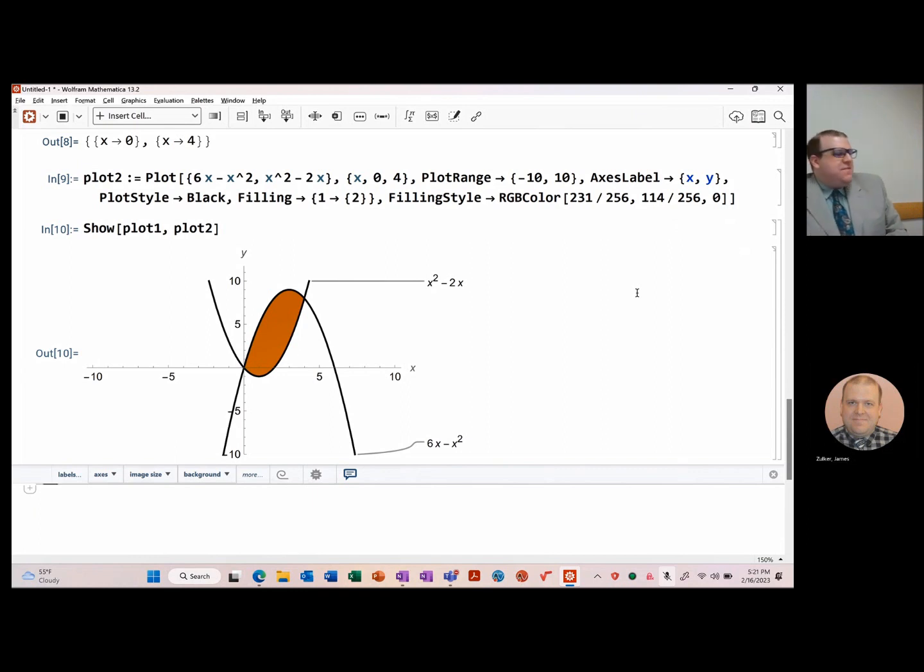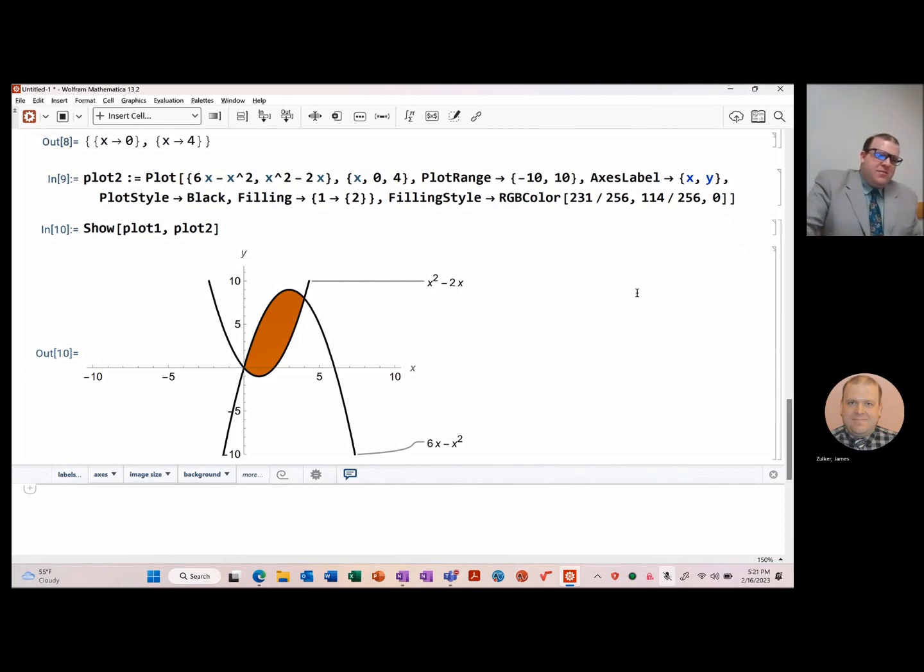Region. I can get really fancy and also label those points of intersection. If I really wanted to, I'd have to use the Graphics command and the Point command.